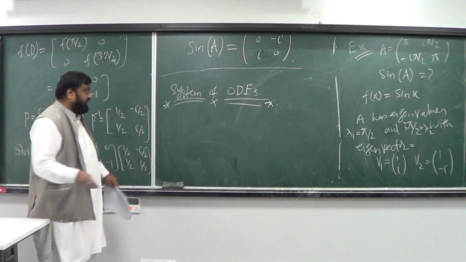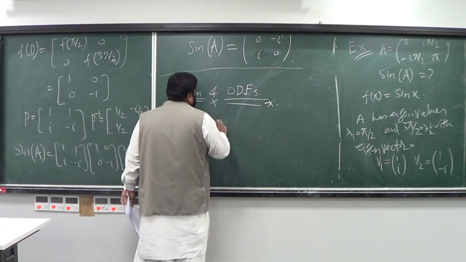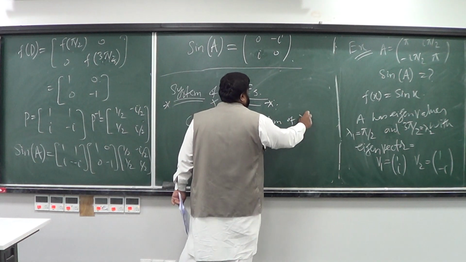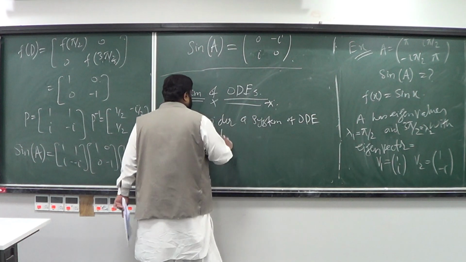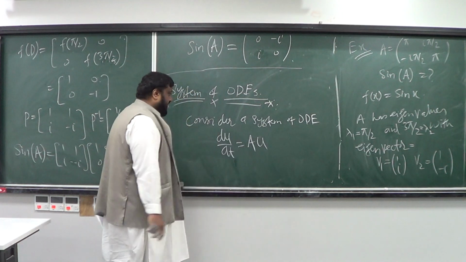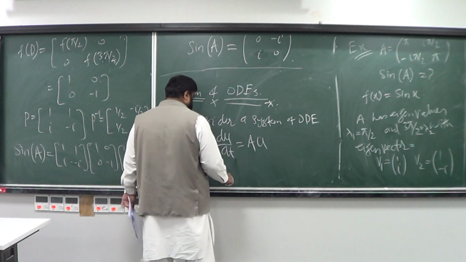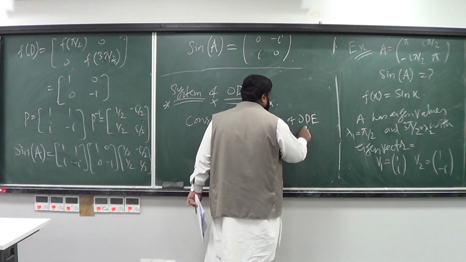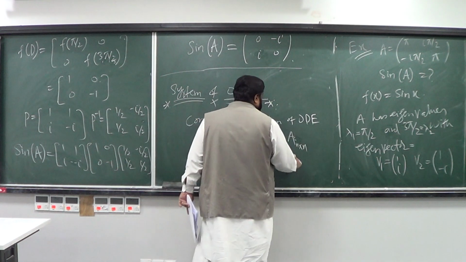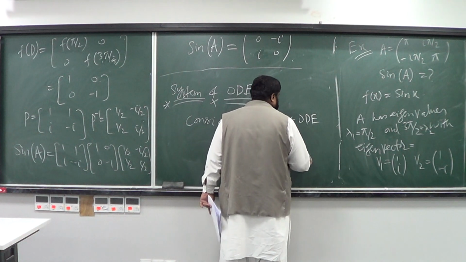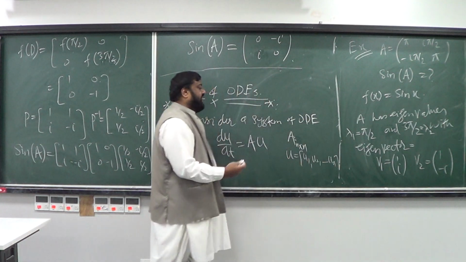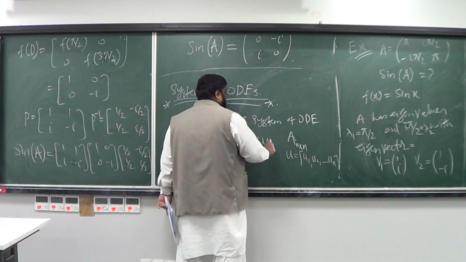So consider a system of ordinary differential equation that goes like du by dt equal to Au. Okay? And where A is a matrix actually, A is an n by n matrix, okay, and U is a vector actually that has components U1, U2, Un, where these components are functions of time.